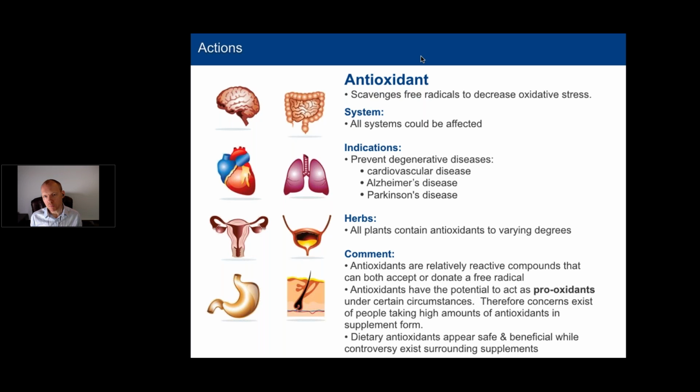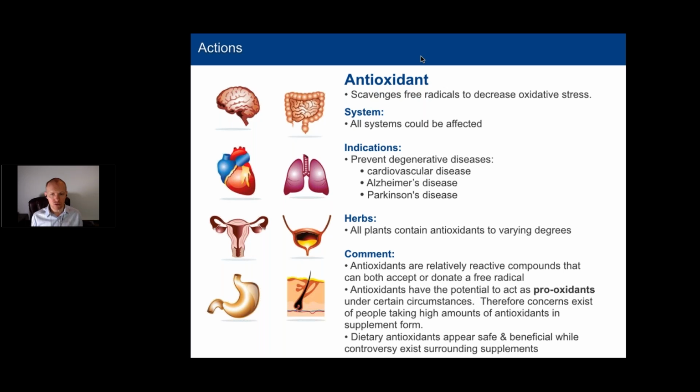Usually double bonds are pretty good places for them to target, since it's easier to strip an electron from a double bond. And so what sometimes will happen is these antioxidants will actually act as pro-oxidants, because they will take a paired electron, which is stable, and rip it off and create an unpaired electron. And so they'll actually generate free radicals. And so there's always a balance that happens there.